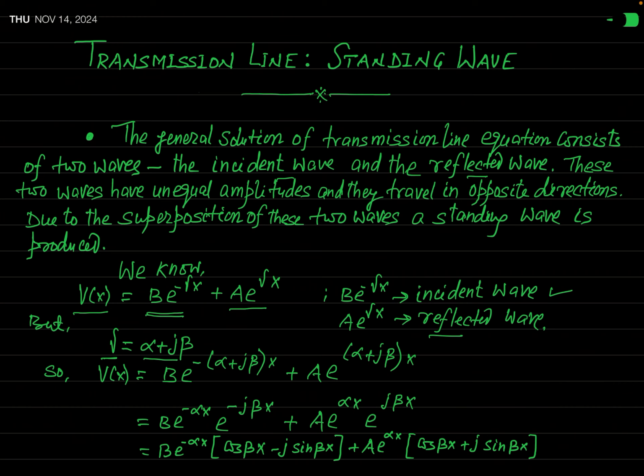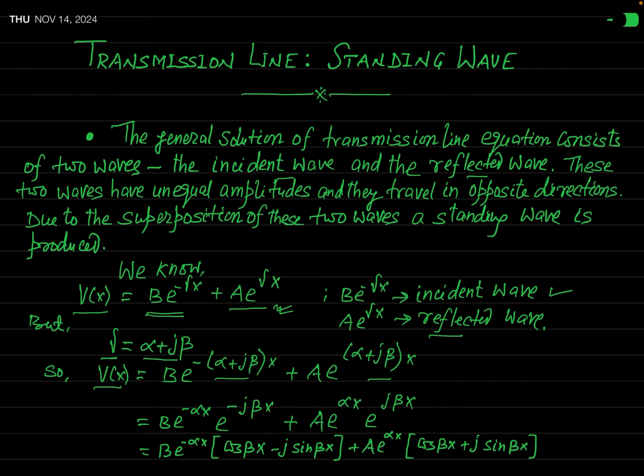Okay. So if you replace the propagation constant gamma, defined as alpha plus j beta, in this equation for v of x, then the expression for v of x will become b times e to the power minus (alpha plus j beta) times x, plus a times e to the power (alpha plus j beta) times x.